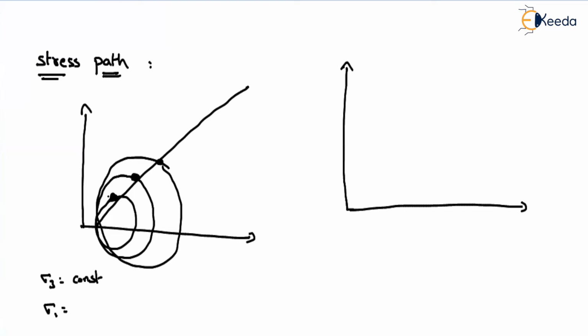And where that occurs, that means what is the normal stress on the plane of maximum shear stress, that is sigma dash, which can be represented as sigma 1 plus sigma 3 by 2. That means along the x-axis we represent p, and along the y-axis q.